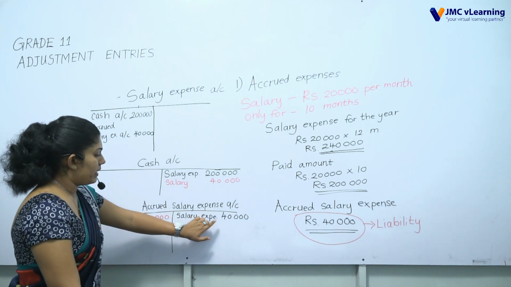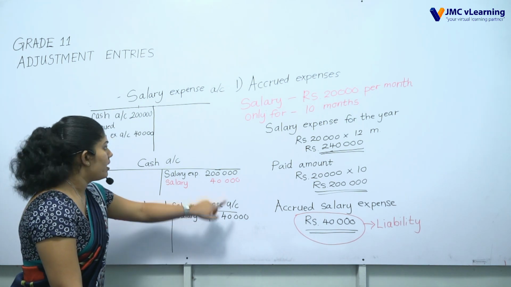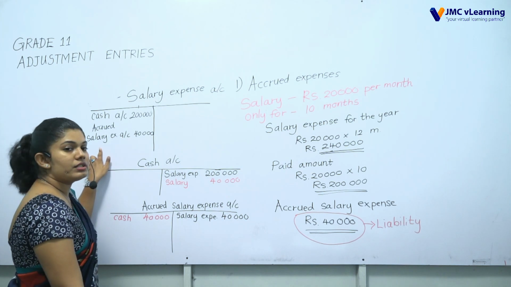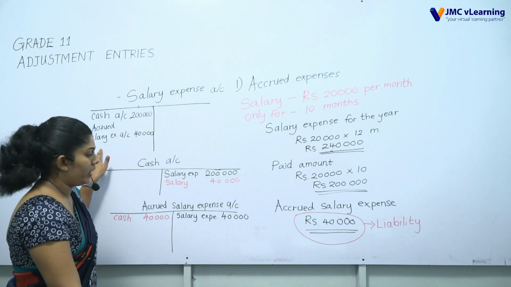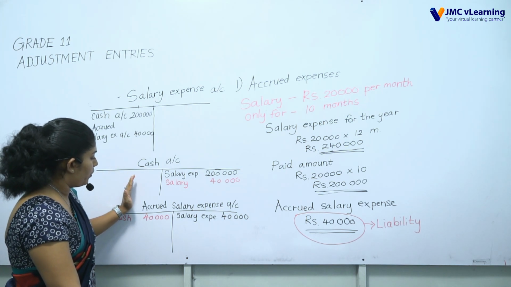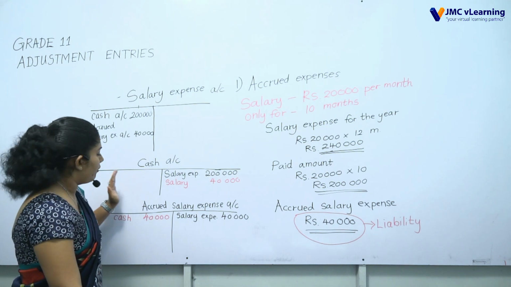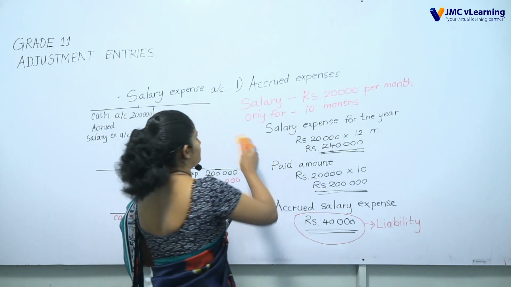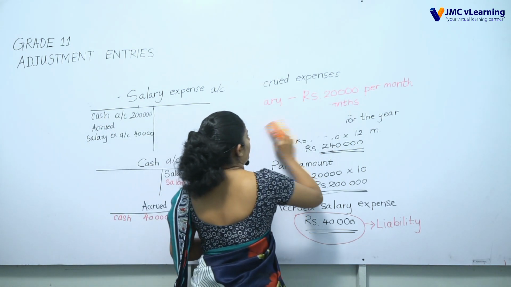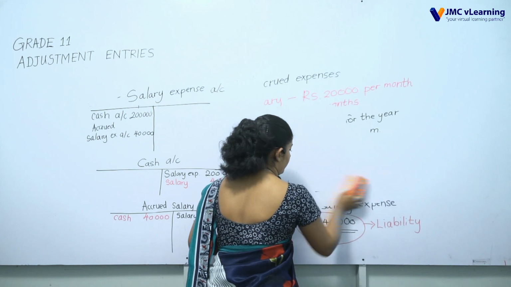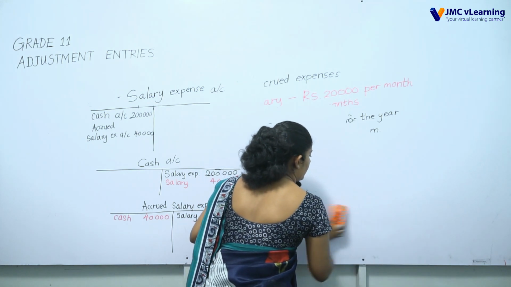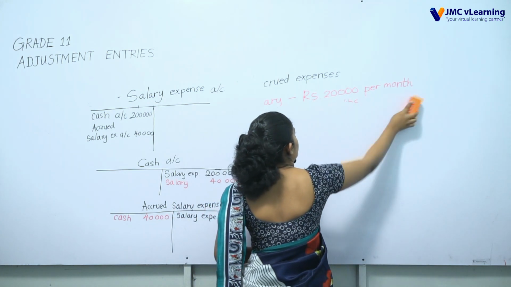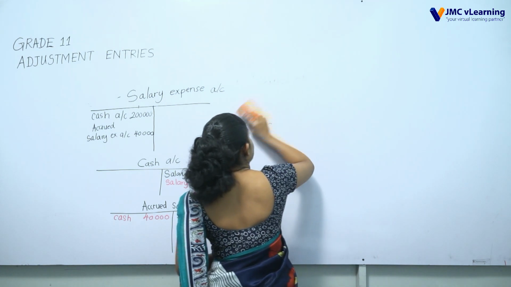So, this is the double entry to record accrued salary expenses. Accrued salary expense account credit, salary expense account debit. If you have any accrued expense, you have to record it as a liability. When you are recording it in the financial position, you have to record it as a liability.